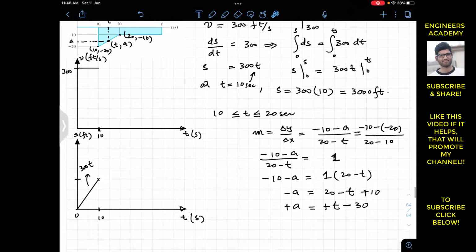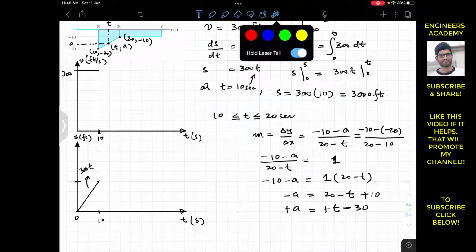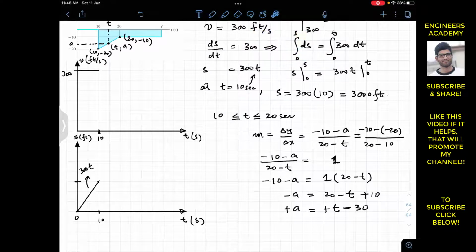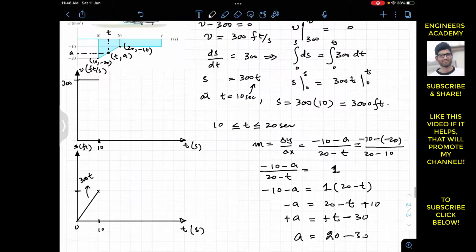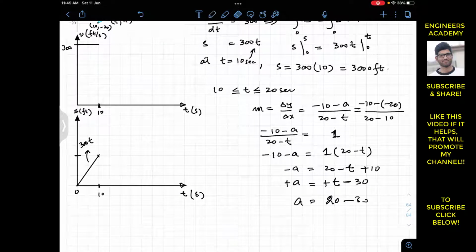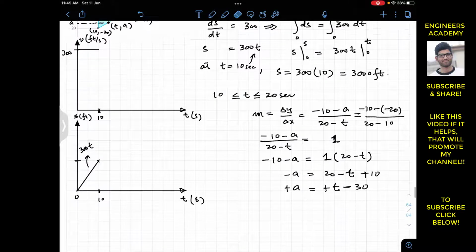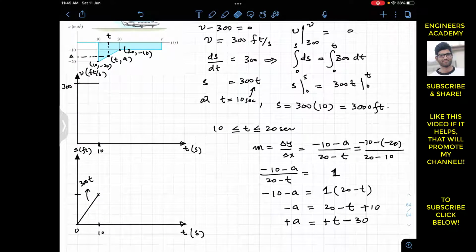So if I put t equals 20, it needs to give me the acceleration equal to minus 10. So let's put t equals 20. So acceleration is 20 minus 30, so this gives us minus 10, right? So this is the equation of the acceleration between 10 seconds to 20 seconds.